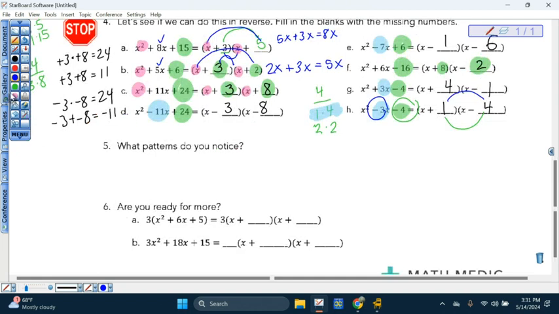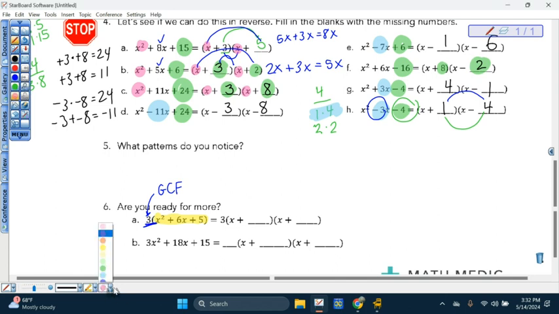All right, in number 6, this 3 in part A that we pulled out in front of the parentheses, that was the GCF. We factored out the GCF. And the reason why we practice that is so that the equation is more simplified, so it becomes easier to factor.